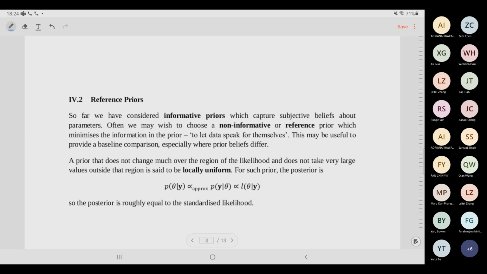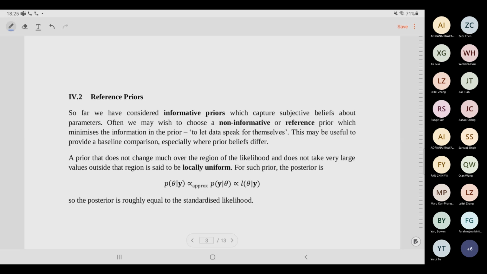It will contain no information or no assumption about the parameter. Sometimes it is also called by another name.